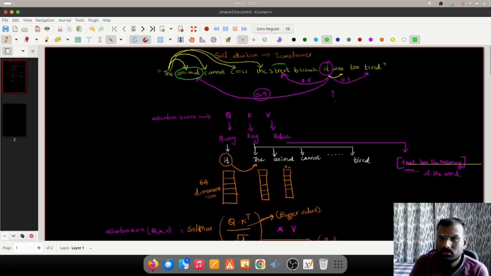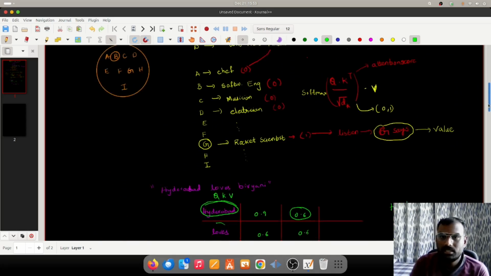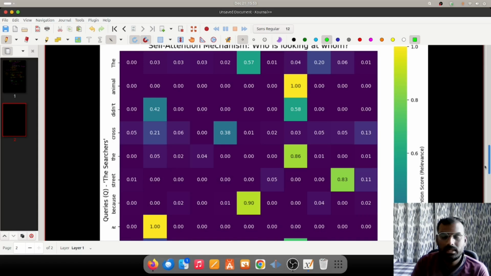The two words street and tired are not going to be related to each other, so the score should be approximately 0, right? Street is never going to get tired. So this way the self attention mechanism is processed behind the scenes in the transformer architecture. Let's see the heat map example in the next page.